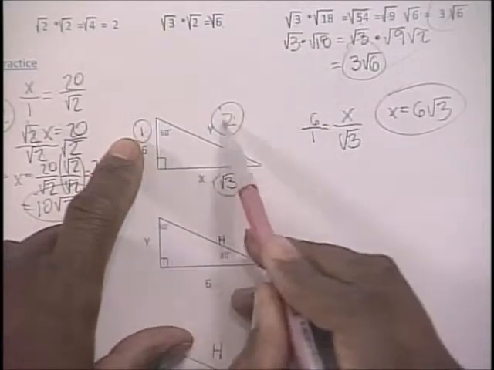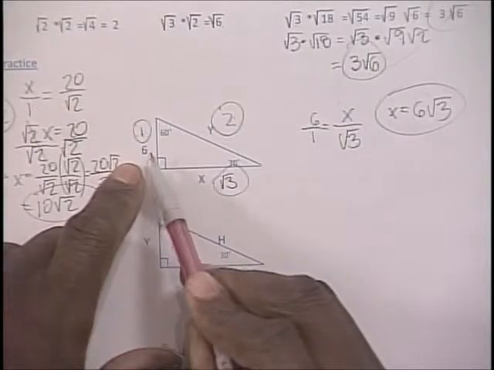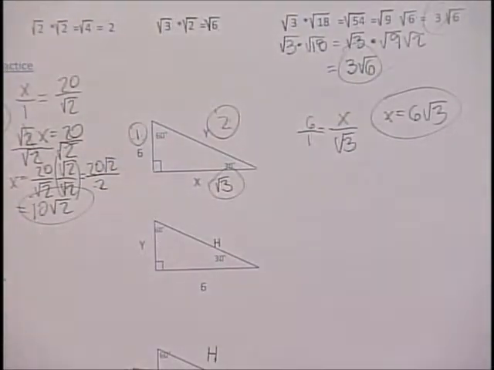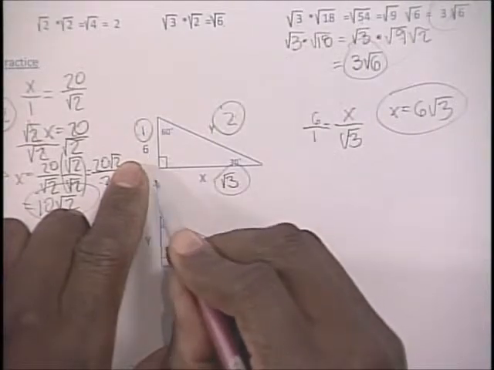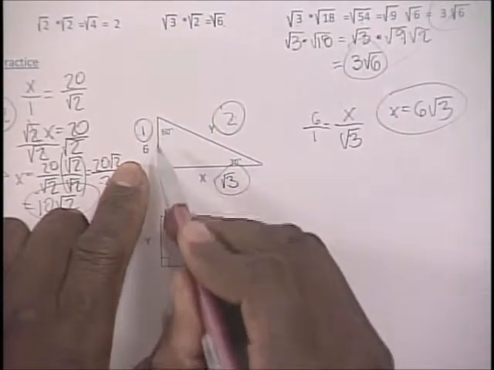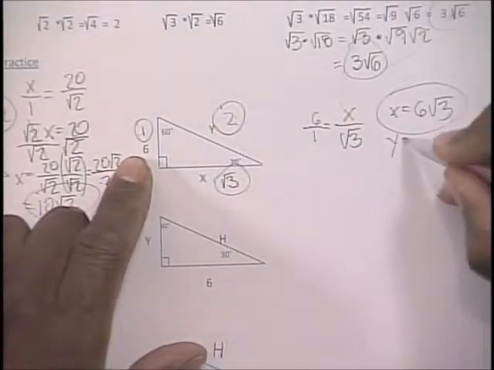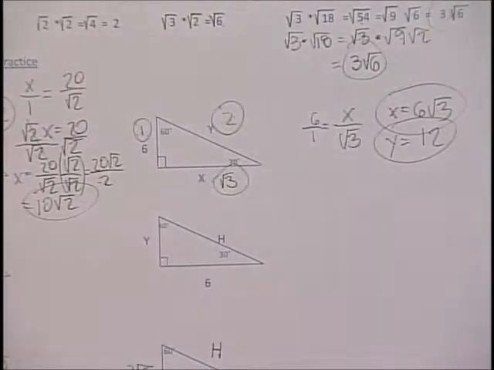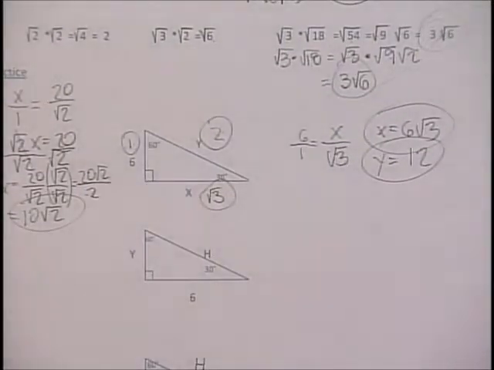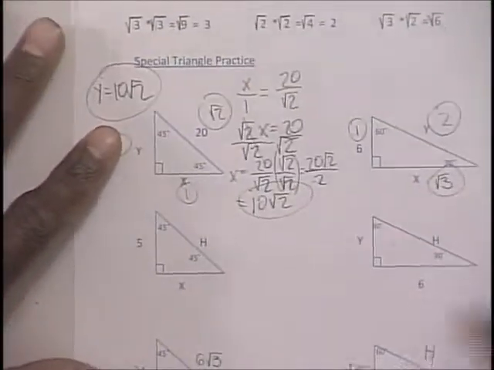If this is 3, that's 6. y is double this. So if this leg here is 6, y is double that, which would be 12. All right, so that's sort of a shortcut approach there because I want to get through as many problems as we can. All right, so let's look at another problem.